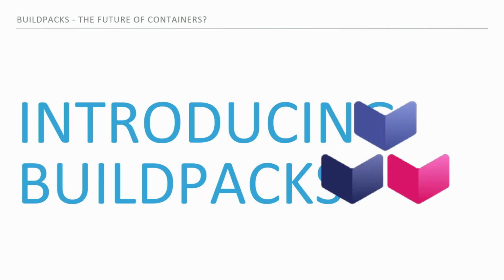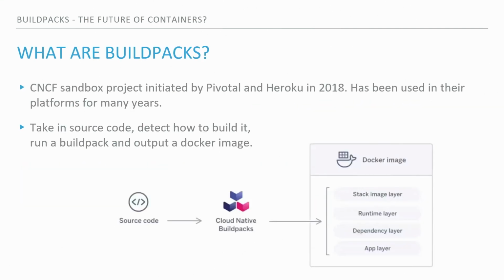So is there another way? Another way is using Buildpacks. So what is a Buildpack? As part of the Cloud Native Computing Foundation, they released Buildpacks in 2018. It was mostly started by Heroku and Pivotal, who've been using it on their platforms for many years. I think 2011 is when Heroku started using it.